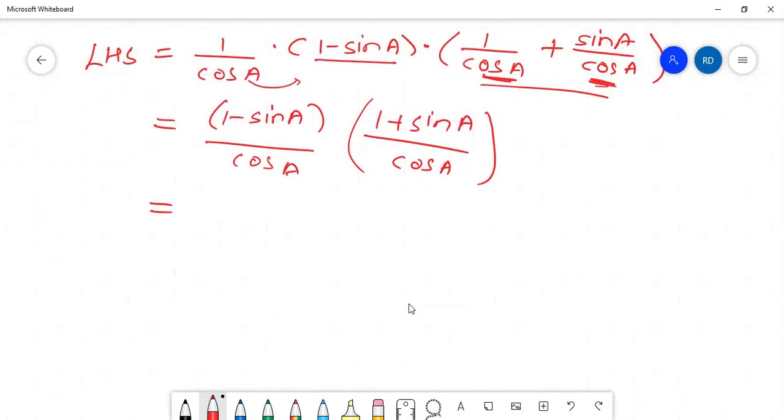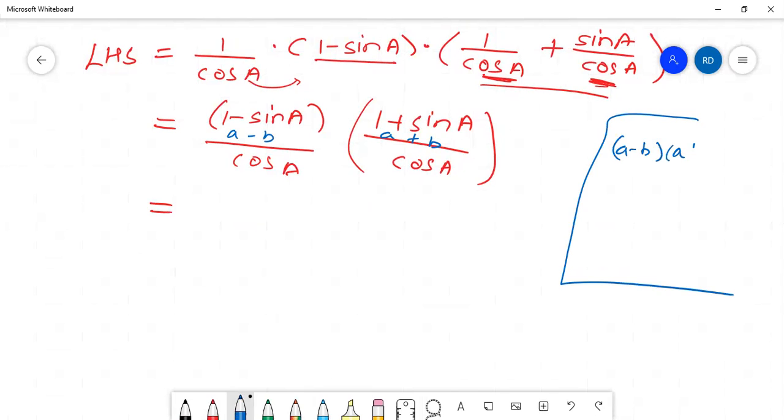Now this will be equal to, now see, the standard formulas were, so you can see this is A minus B, A plus B. So A minus B into A plus B is equal to A square minus B square, as we have discussed earlier.